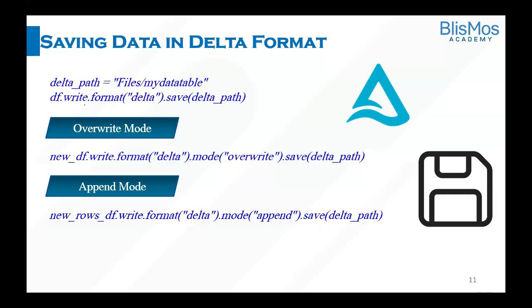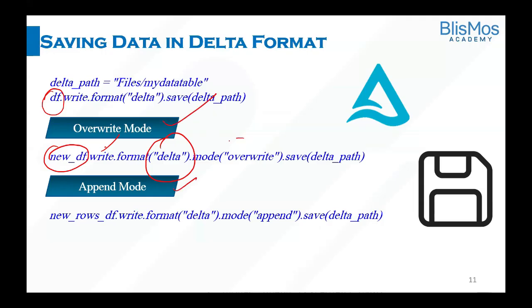So if you want to store the data of a data frame in a delta format, you can do that. Let's say this is a data frame. I am talking about a combination of Spark and also Fabric here. That is the reason I taught you guys Spark. Okay. So you have a data frame here. I'll say write. The format here is delta, and you have two modes here, overwrite and append mode.